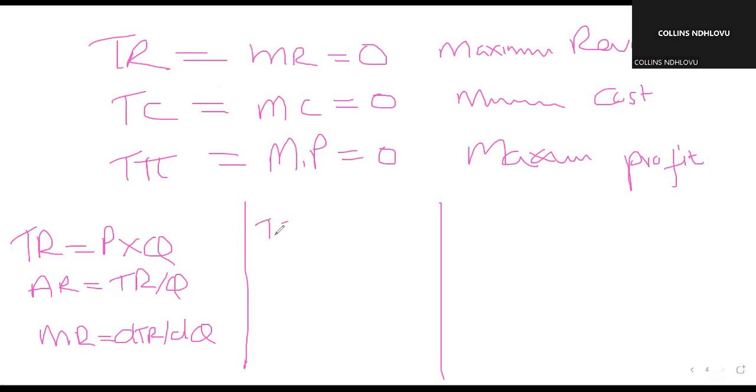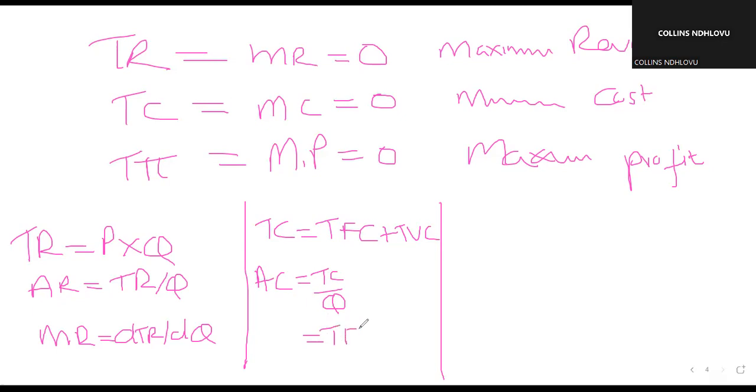So total cost is equal to what? Total fixed cost plus total variable cost. Anything divided by a quantity is called average. So total cost, when divided by quantity, we call our average total cost or average cost. Total revenue, when you divide it by quantity, is average revenue.